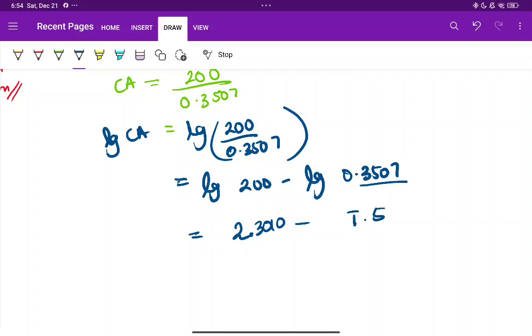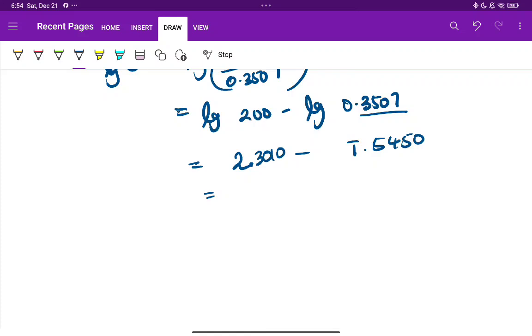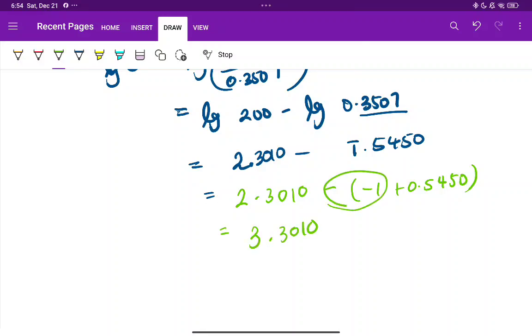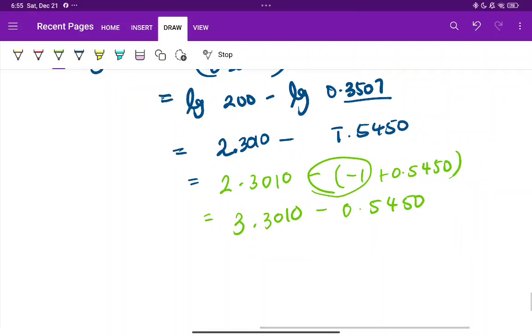Now we'll have to perform the subtraction: 2.3010 minus bar 1 plus 0.5450. So that is 3.3010, because this becomes plus 1, minus 0.5450.